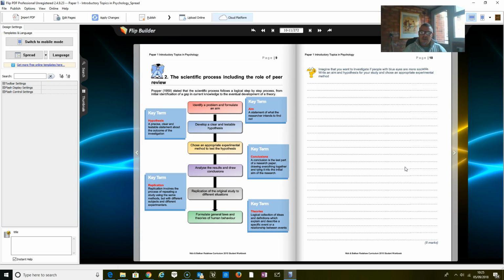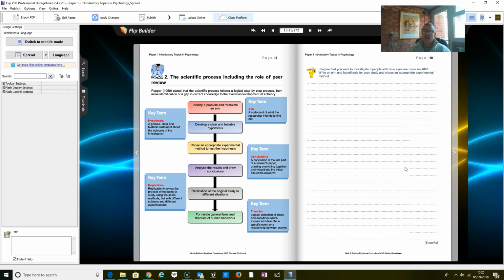Moving on then, replication of the original study to different situations. So in other words, we want to be able to replicate the study to different cultures, different settings, different time periods. And if we get the same results, then the research is said to have reliability. And the final step then is to formulate general laws and theories of human behaviour.